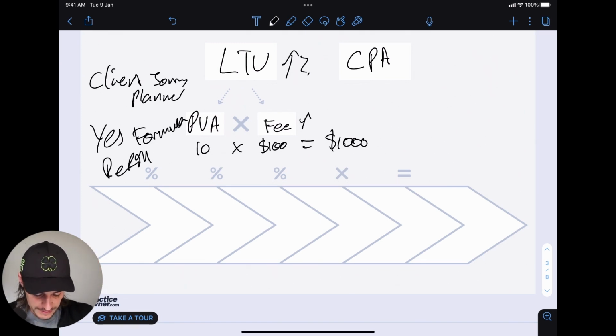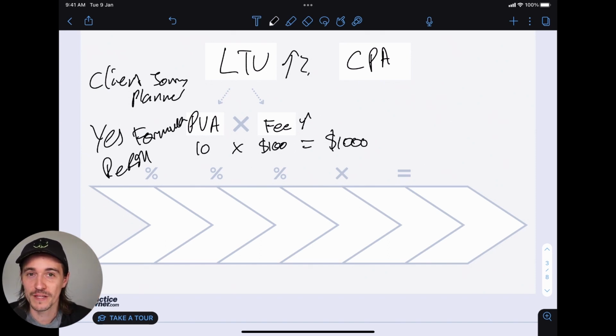The next is your fees. Most of us haven't raised our fees in any reasonable period of time, and at time of recording this, inflation's a big issue. So if you haven't raised your fees even to match inflation, you're losing money. The fastest way to increase your profit margin is to increase your fees, which I'll explain soon. And so you want to be charging more.